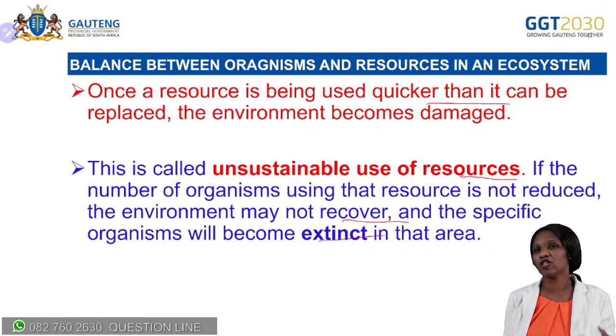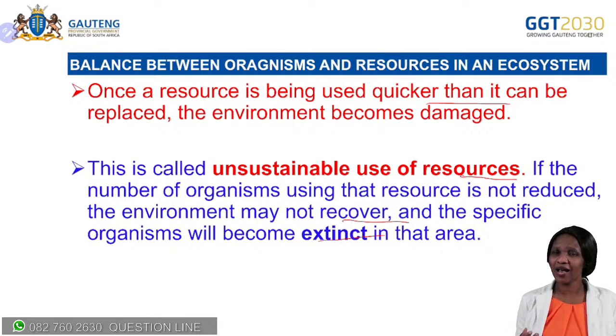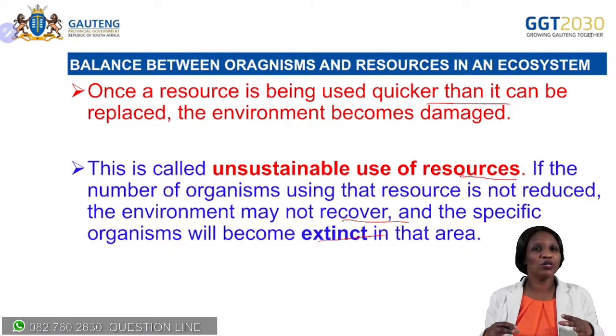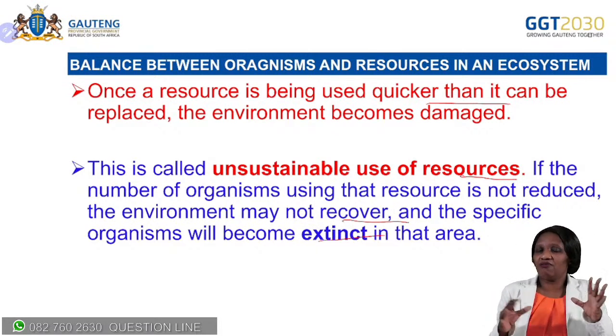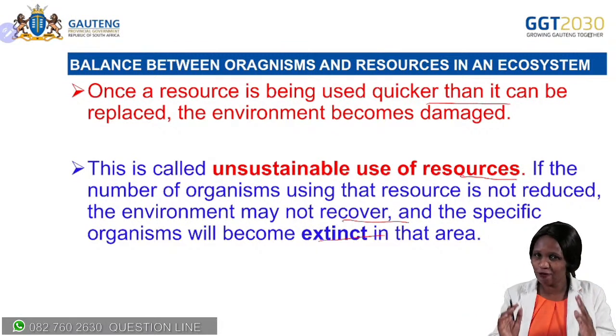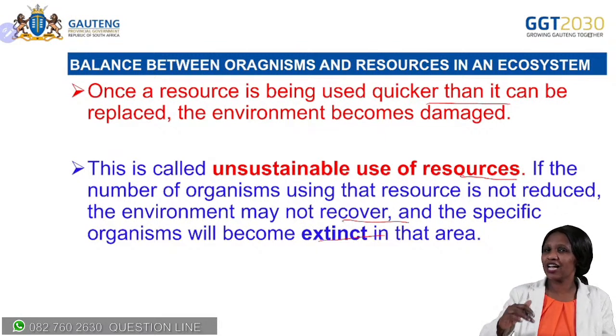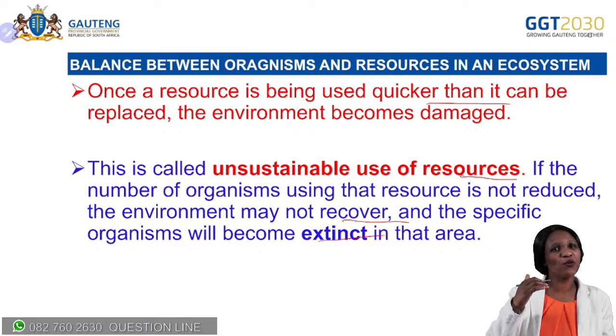For example, we've got dinosaurs. Dinosaurs are now extinct. Why? Because they vanished. All right, we've got a lot of theories, but for sure we know that they are extinct. Therefore, the other animals that we have, we must try to protect them. That's why we've got what?